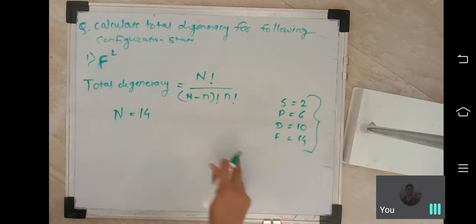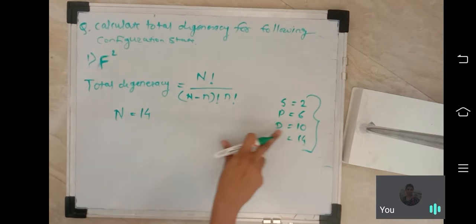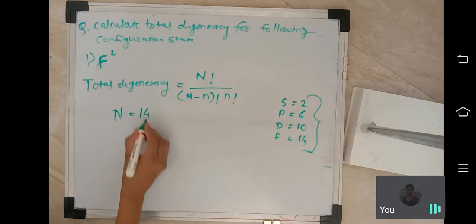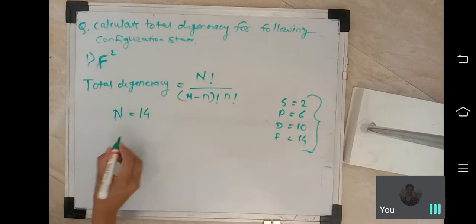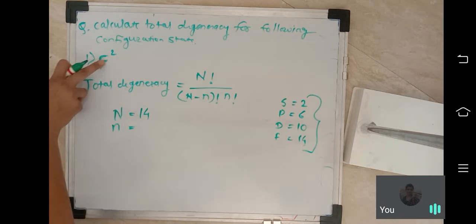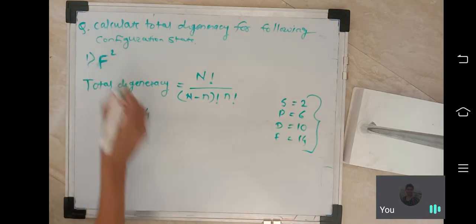You must know that S orbital carries 2 electrons, P orbital carries 6 electrons, D orbital carries 10 electrons, and F orbital carries 14 electrons. So here N is equal to 14, and small n in the example is 2, so you take n equal to 2.